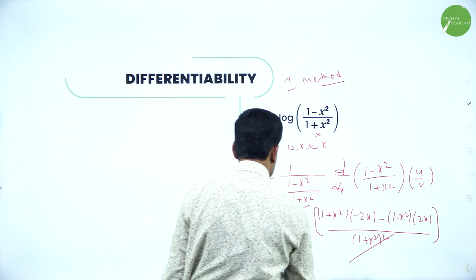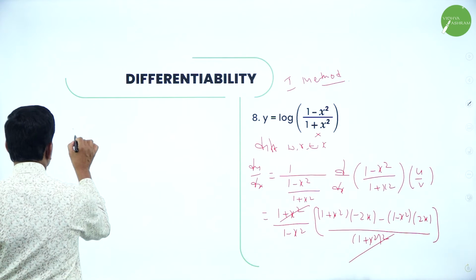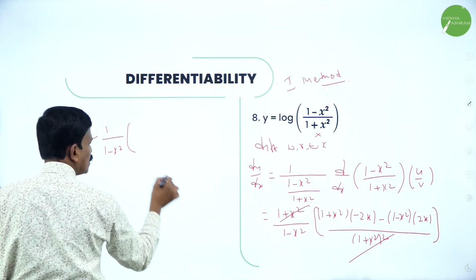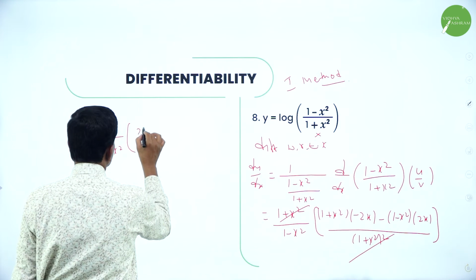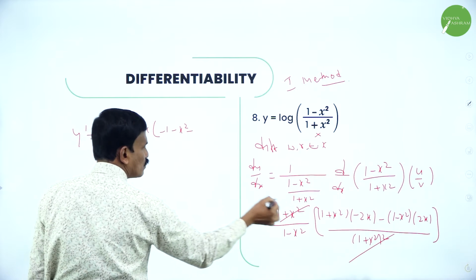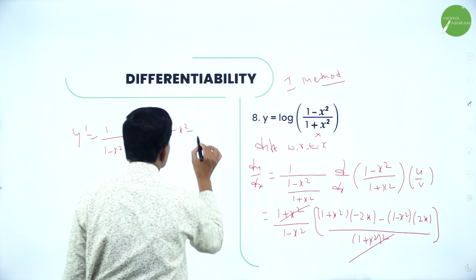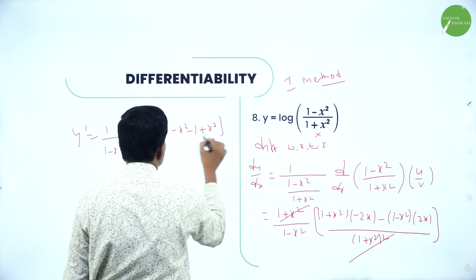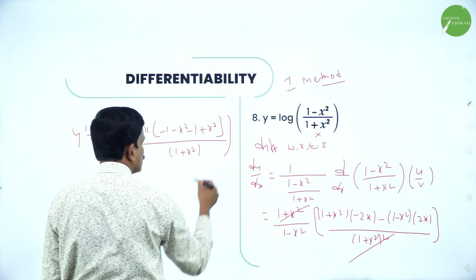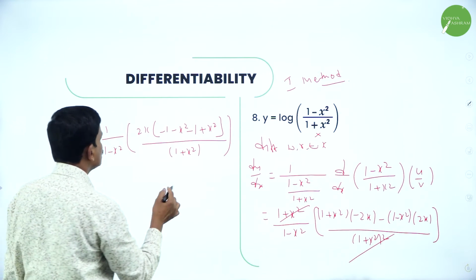One term gets cancelled here. What you will have, y dash is equal to 1 by 1 minus x square. In the numerator, you can take 2x common factor, minus 1 minus x square, multiply by negative sign, minus into minus plus x square, divided by 1 plus x square in the denominator. Now, cancel the terms.